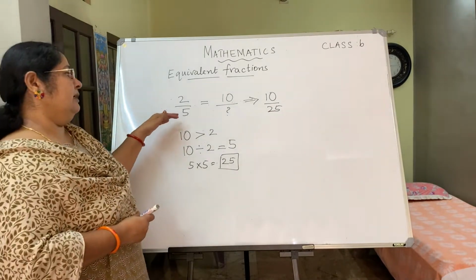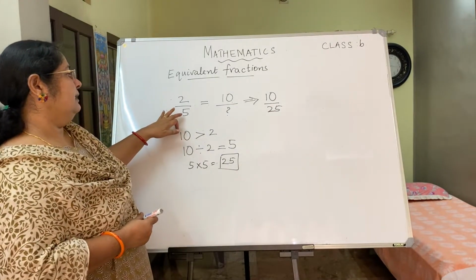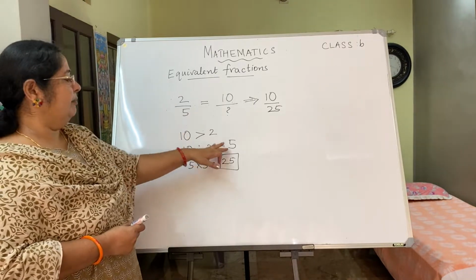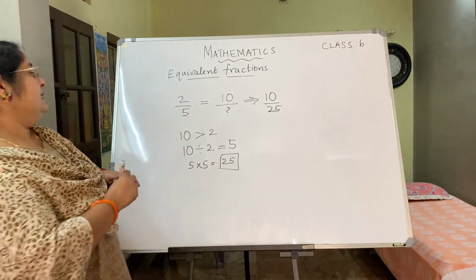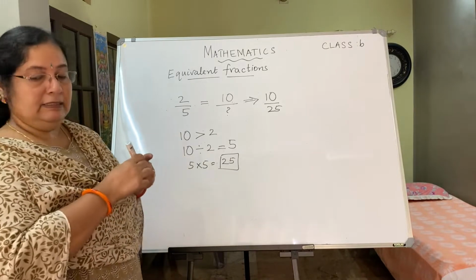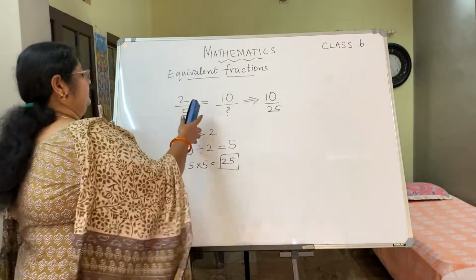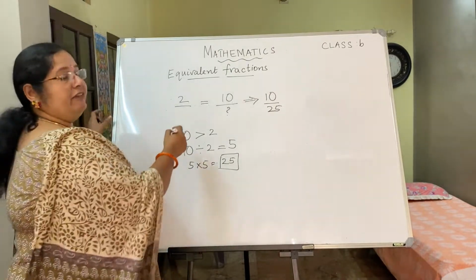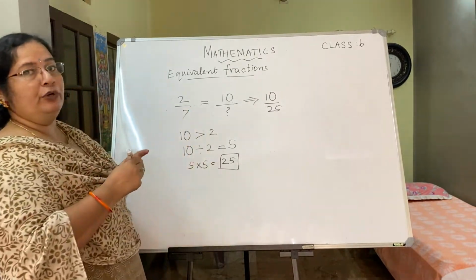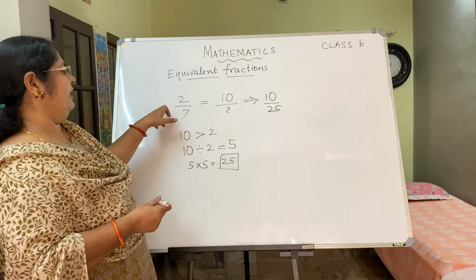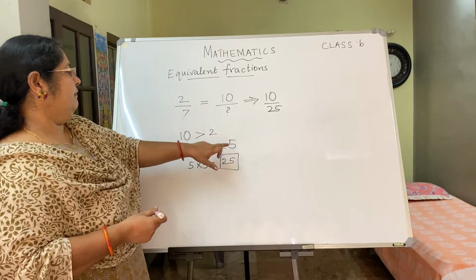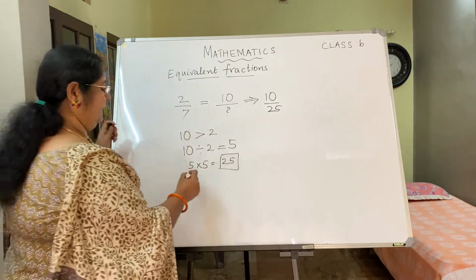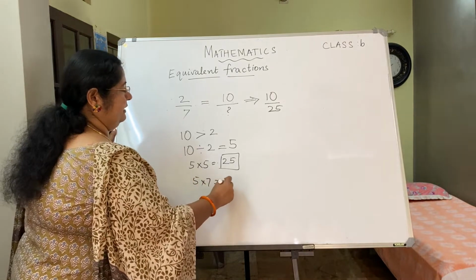See, it does not mean that always the denominator and the number you are multiplying will be the same. Suppose here it was 7. Then what will you do? Same application only. 10 divided by 2 is 5. Then 5 multiplied by 7 is equal to 35.